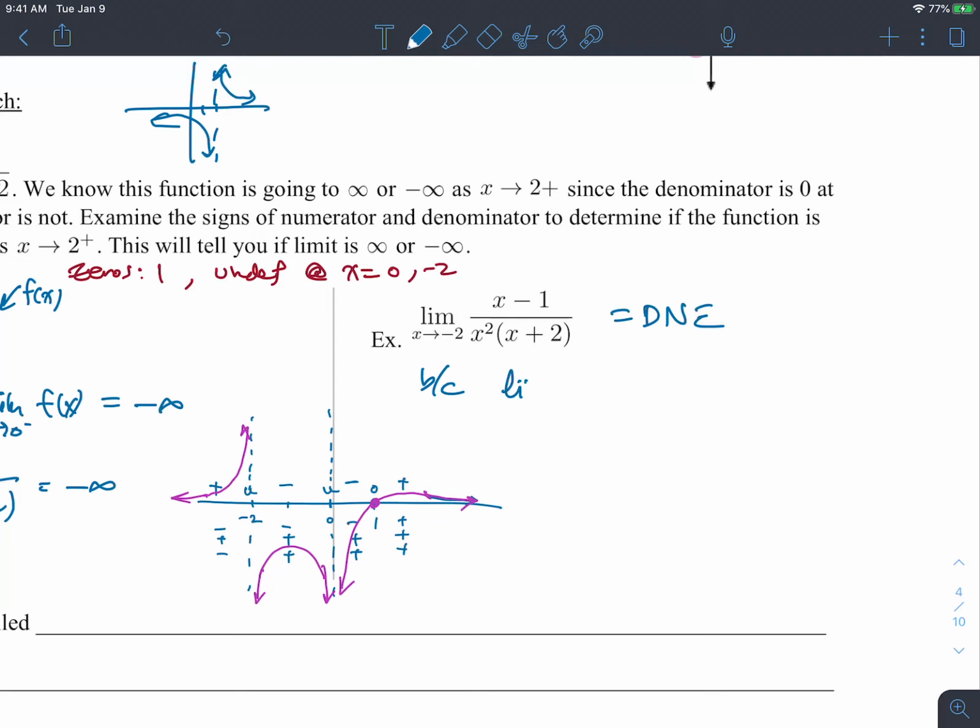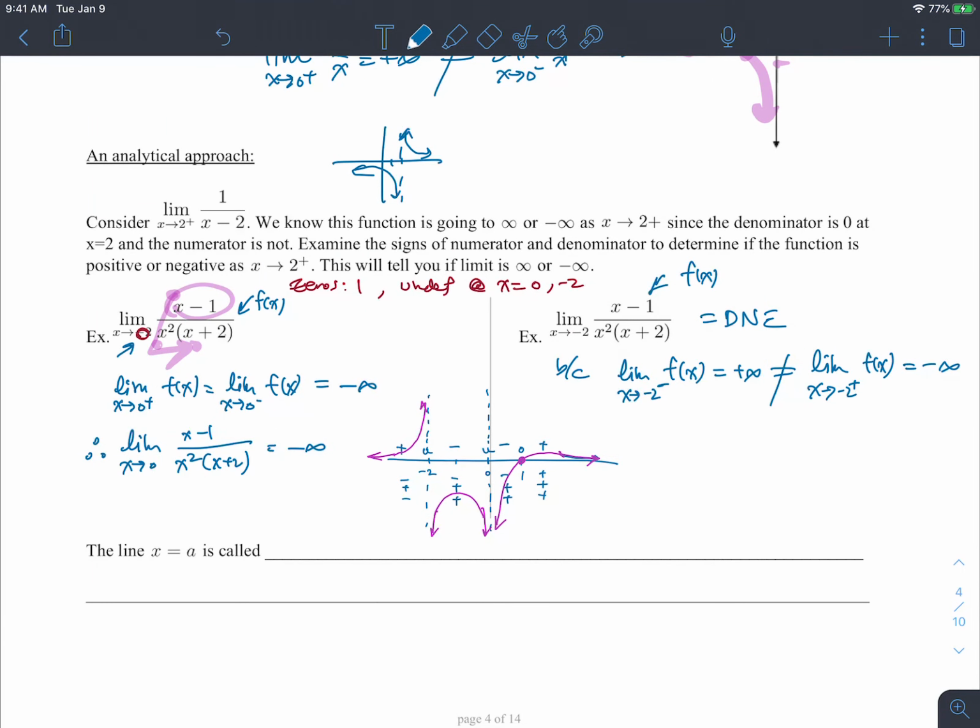The limit as x goes to -2 from the negative side of f of x is positive infinity, and that is different from the positive side, where it goes to negative infinity. Okay, guys? All right.